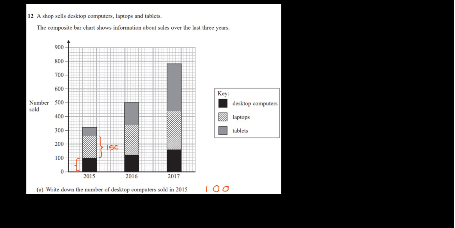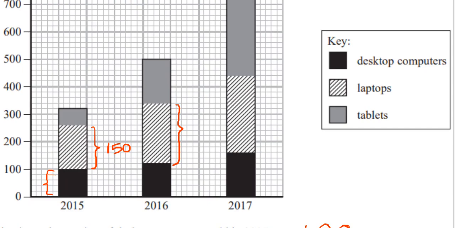How much is this? How do I know that? Oh, that's 1. Actually, is it 150? Let's see. Let's zoom in. Yeah, that's better.